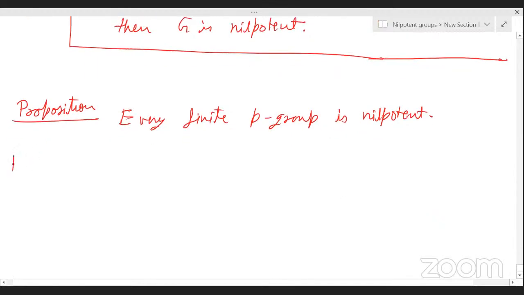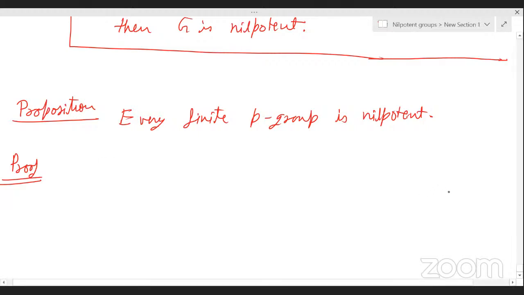Proof. Now note one thing, if you have a finite P group, then the order of the finite P group is P to the power n for some n in the natural number set.